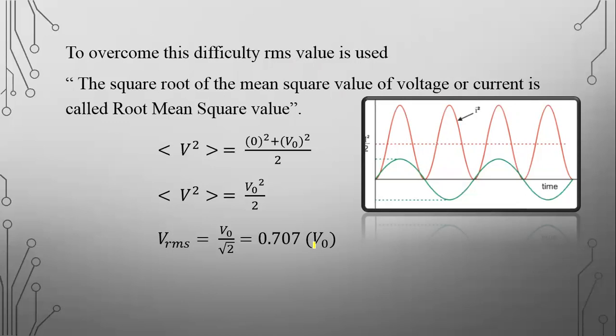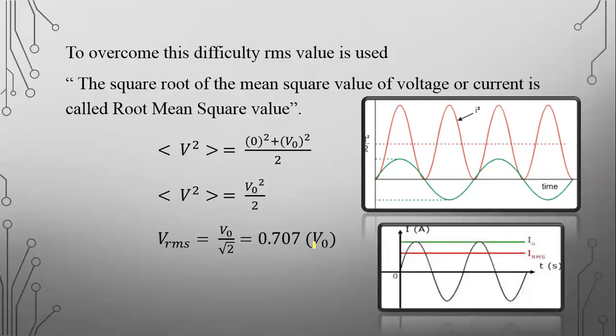So almost 70% of the peak value of voltage would be the RMS value. यानी अगर peak value 10 volts है तो उसका 70% 7 volt होगा. Hence RMS value of 10 volt would be 7 volt.